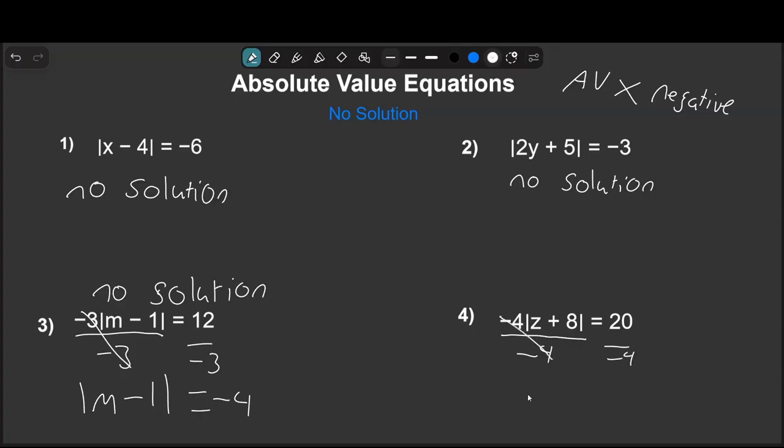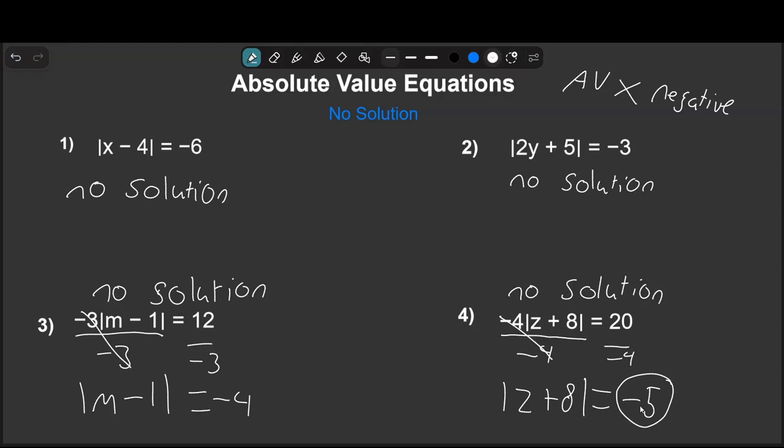These cancel each other out, so we are left with the absolute value of z plus 8 equals 20 divided by minus 4, which equals minus 5. So this means, again, we have no solution.